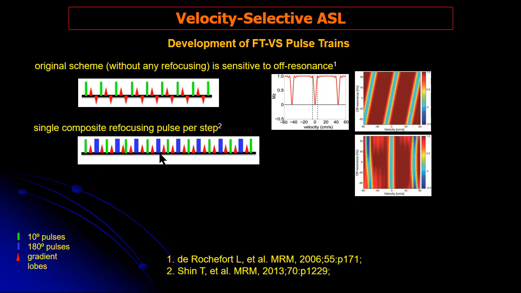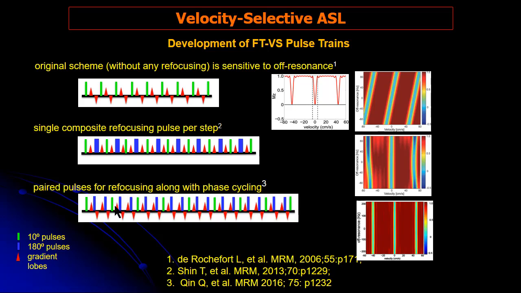So we know that we need to add refocusing pulses. The first design was adding a single composite refocusing pulse per step. This was done by a Stanford group for peripheral MRA application at 1.5 Tesla. They demonstrated that the velocity-selective profile improved for ±80 Hertz.